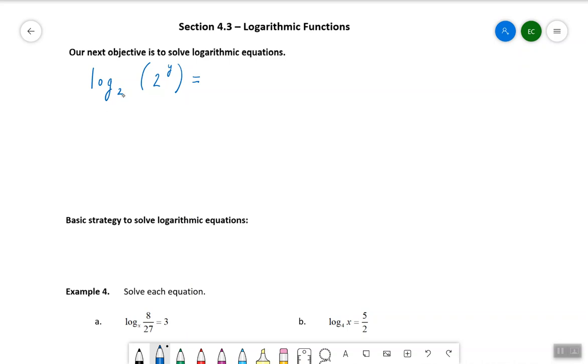I wrote the log base 2 of 2 to the y is equal to y. That was really the whole point of defining a logarithm: the log base 2 would be the opposite of the base 2 exponential.